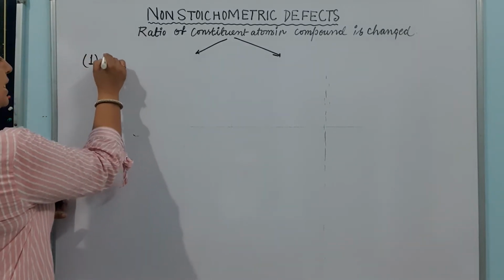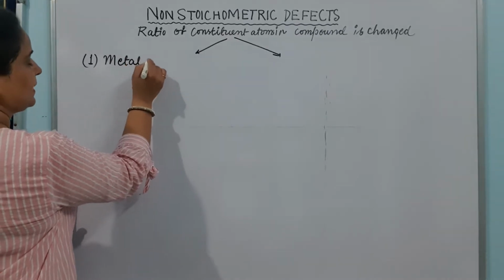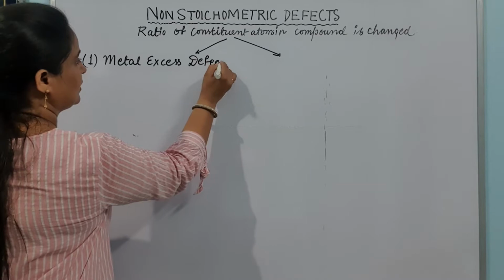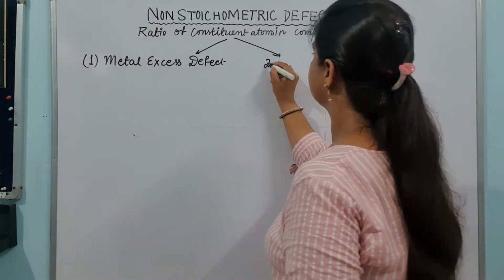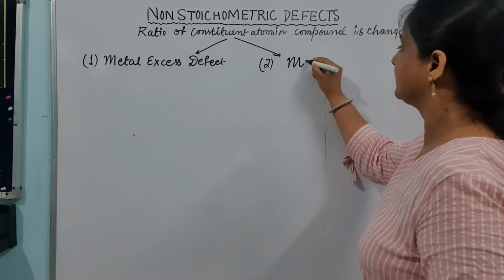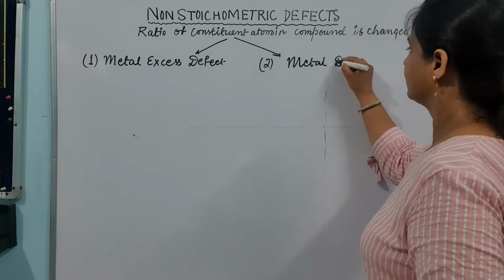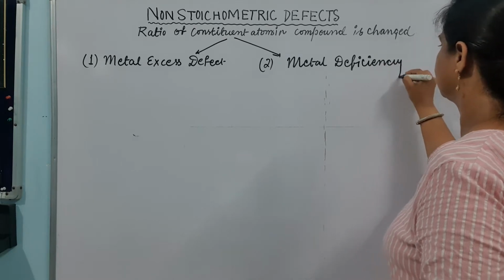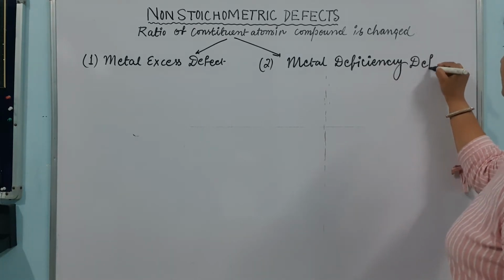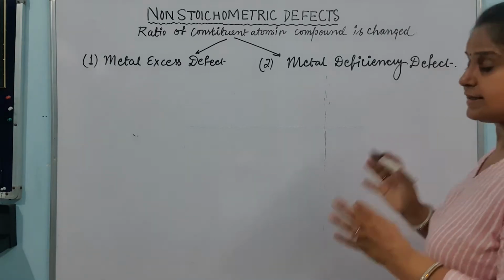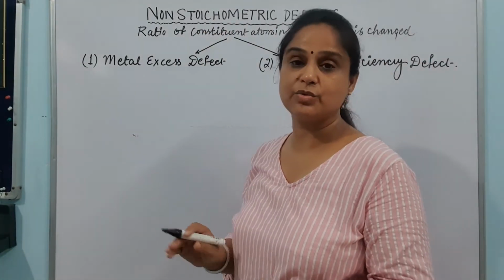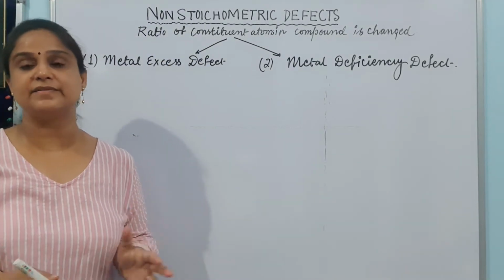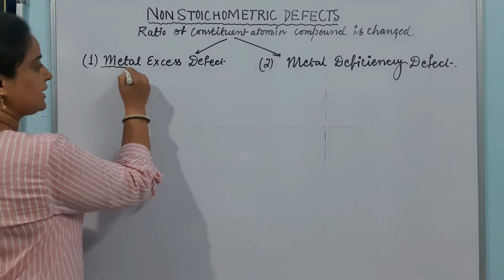First is metal excess defect, and the second is metal deficiency defect. Let's see one by one what these defects are. I'm starting from metal excess defect.